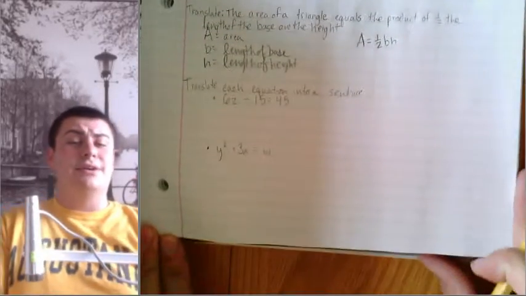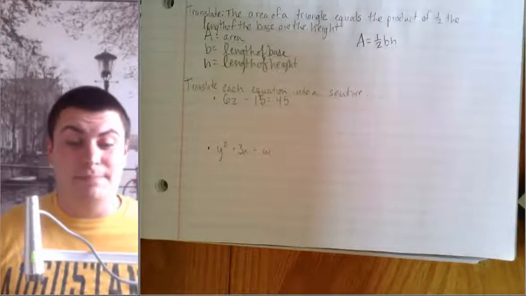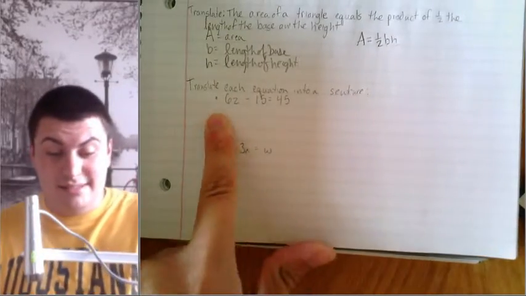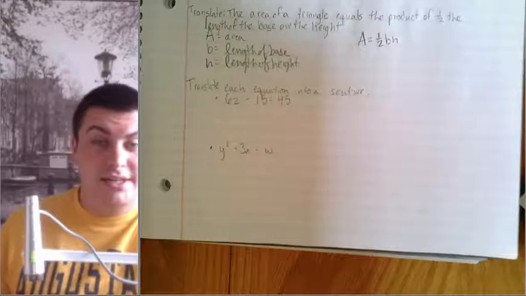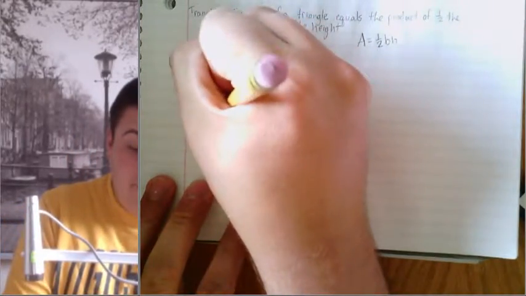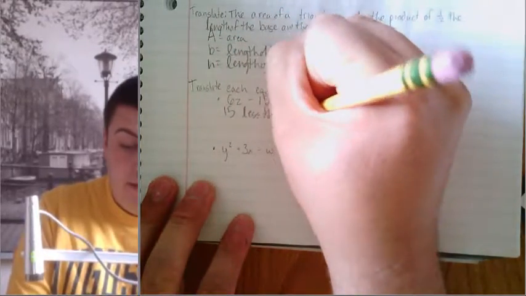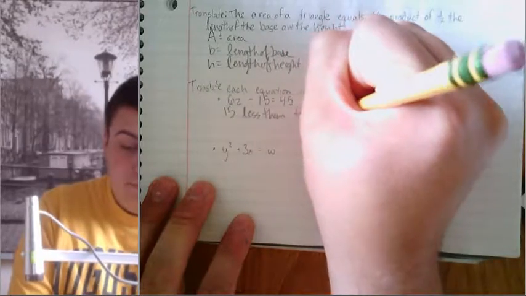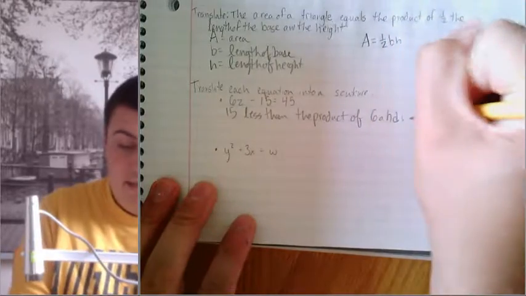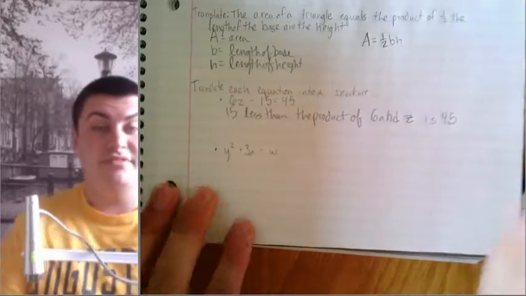Alright, now let's go the other way. We'll be given equations, and we have to write them as sentences. So here we have 6z minus 15 equals 45. Let's say, 15 less than the product of 6 and z is 45.